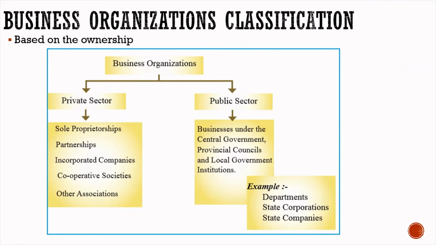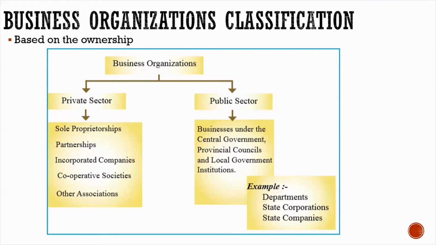And those businesses where the government provides funds are public sector organizations. They are businesses under the central government, provincial councils, and local government institutions. So, for easy understanding, these organizations are simply the departments, state corporations, and other government owned companies, right?